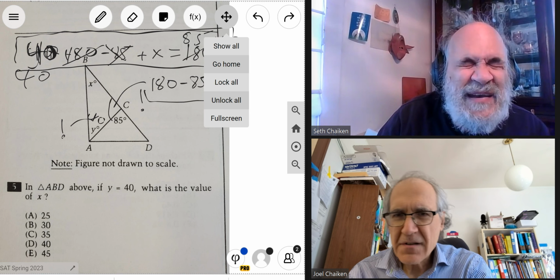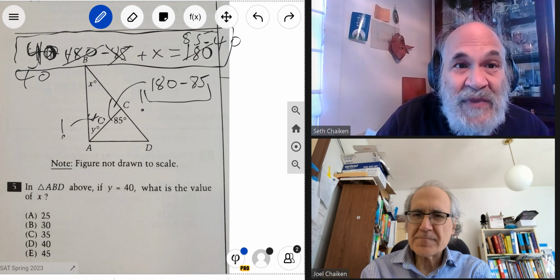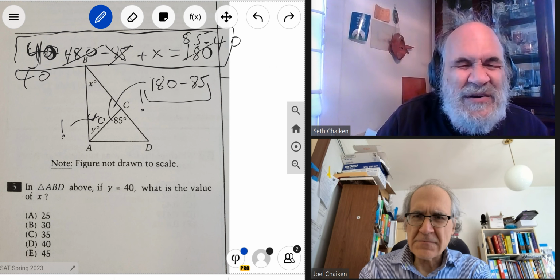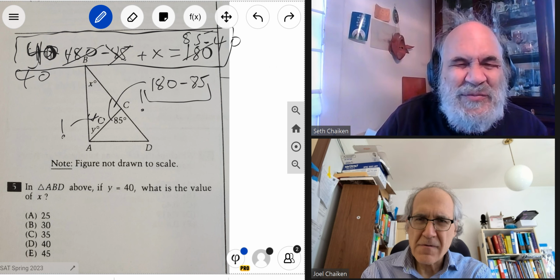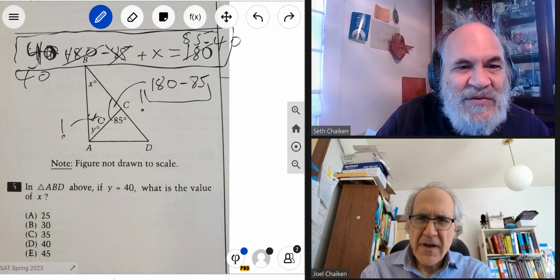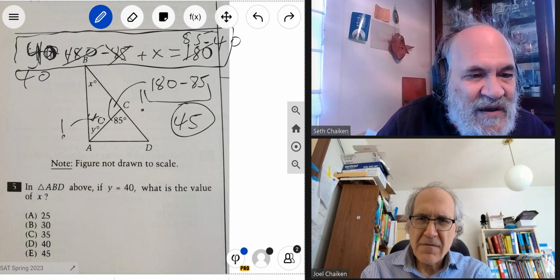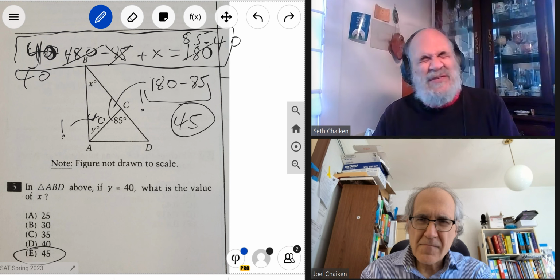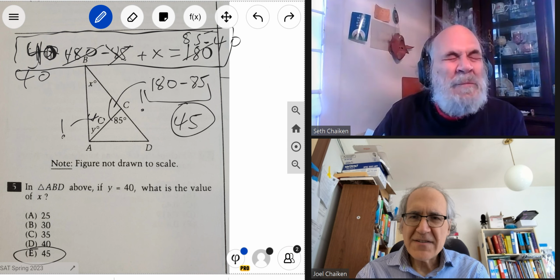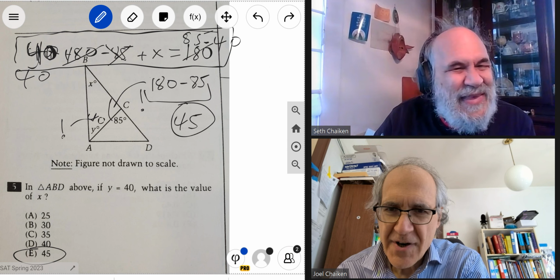And the answer is 85 minus 40, which is easy arithmetic because it's easy to subtract 4 from 8. So we get 45 as the answer, and we see it's one of the choices.